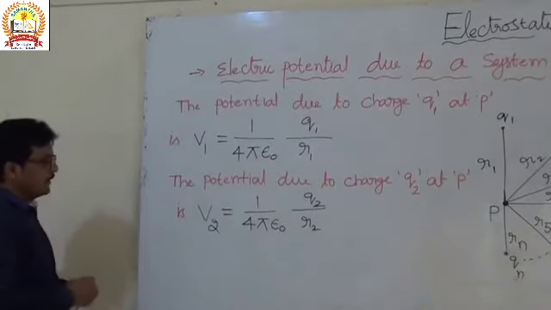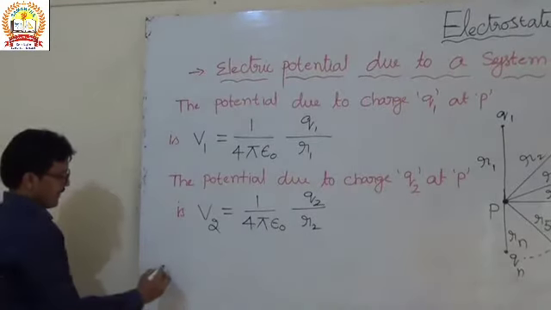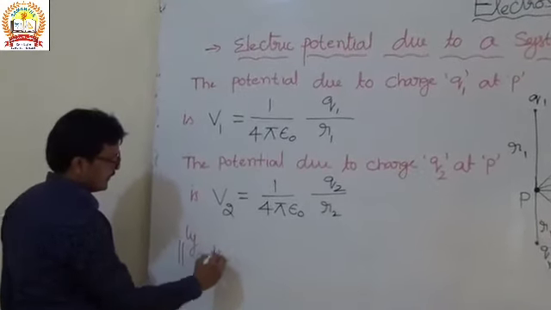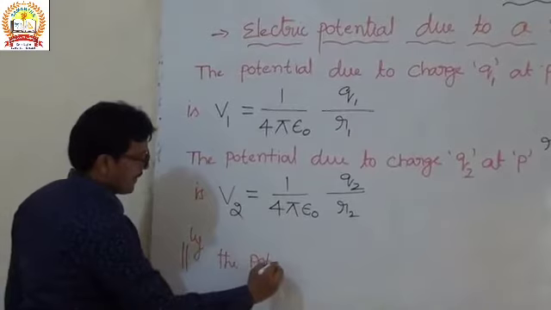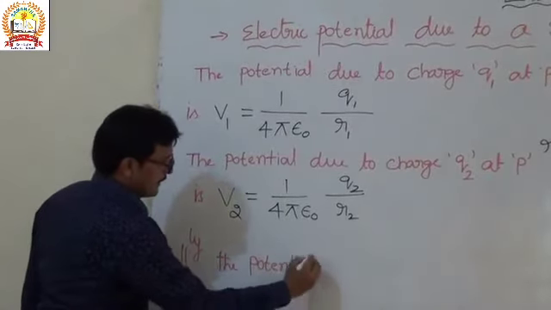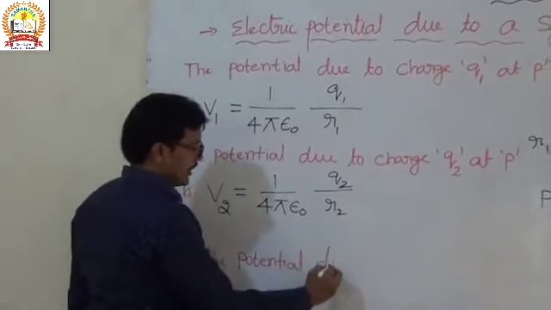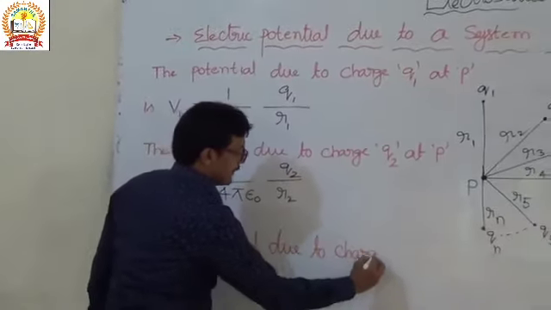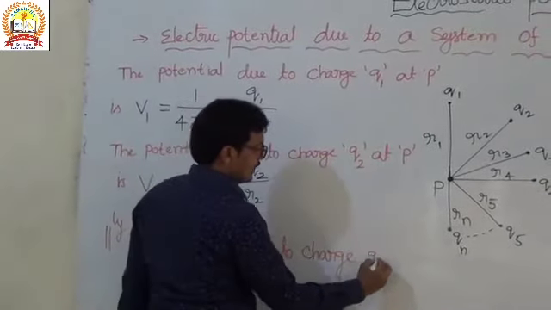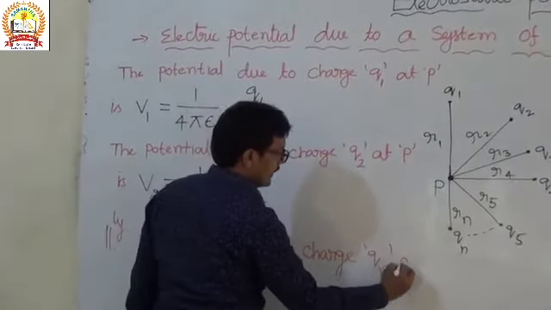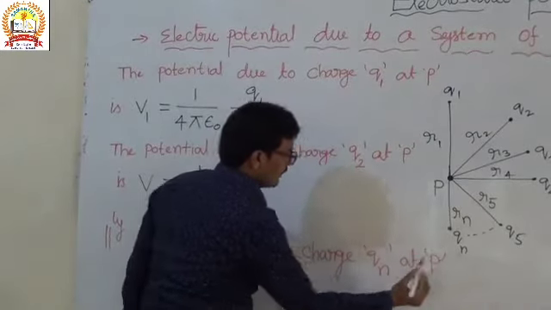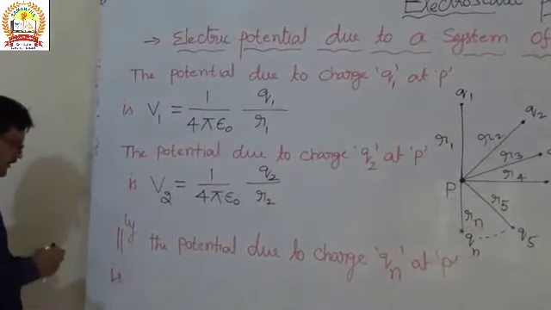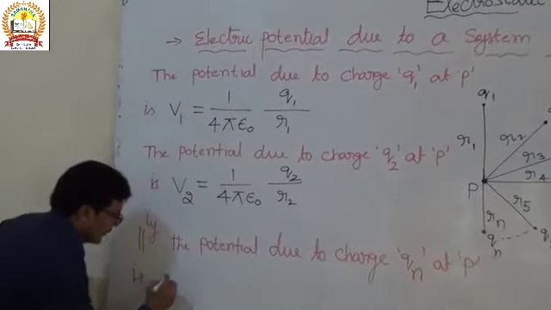And similarly, the potential due to charge Qn at P is Vn.